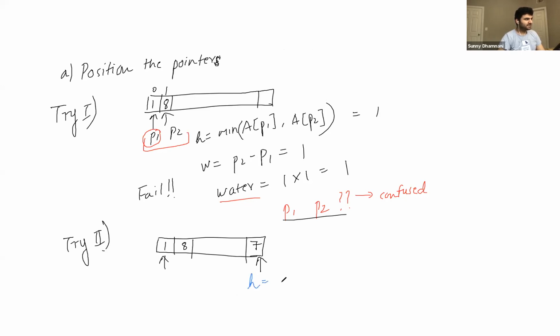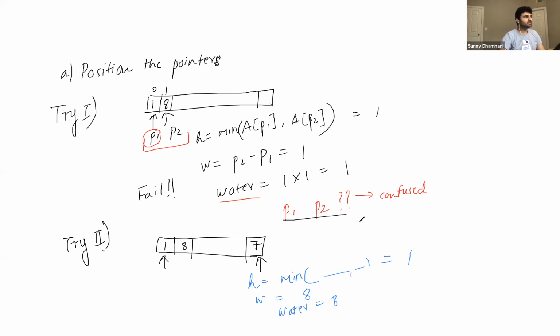My height is the minimum of A of P1 and A of P2, these two elements, and that is 1. And width is what? How many elements are there? Width is 8, right? So the amount of water becomes 8.